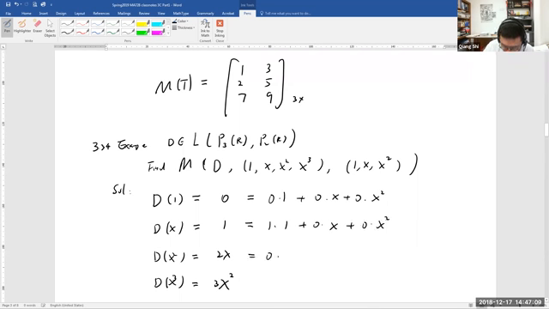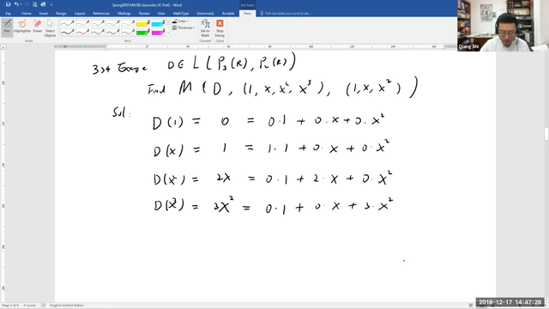And for this one, we need 0 times 1, 2 times x, and 0 times x squared. To write 3x squared as a linear combination, we have 0 times 1, 0 times x, and 3 times x squared. Once you have this, you know M(D).